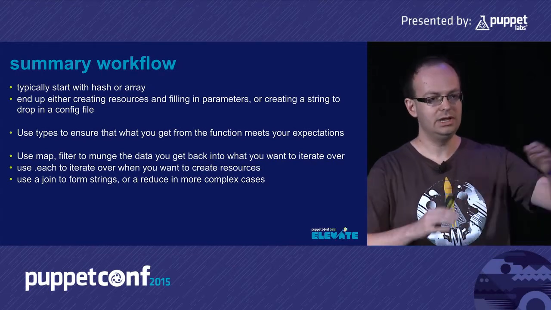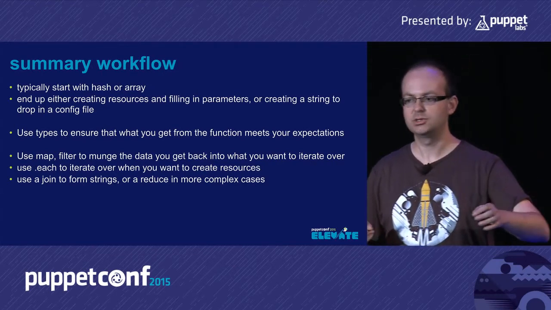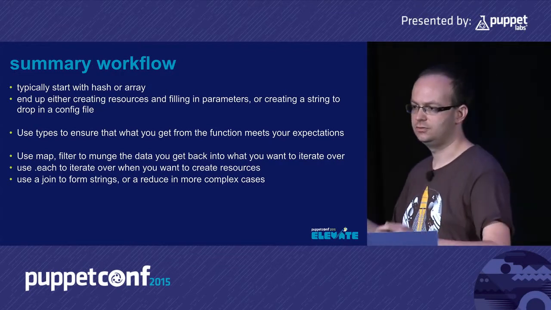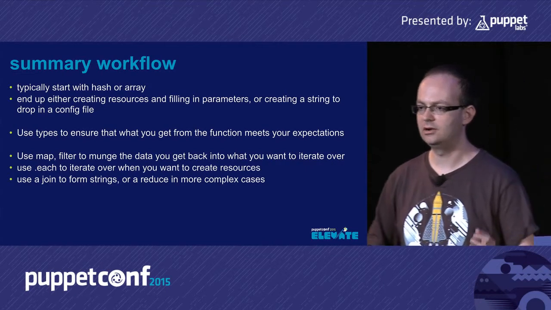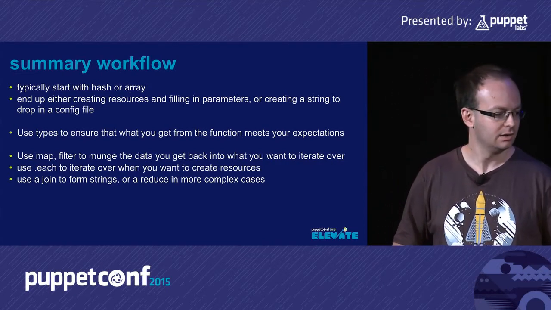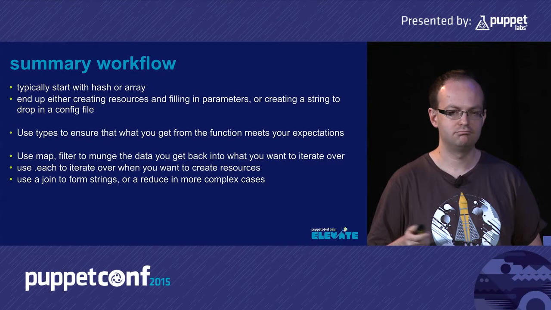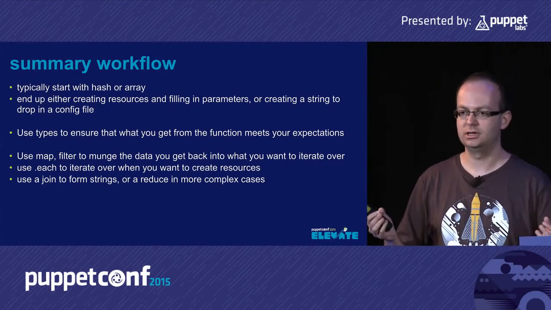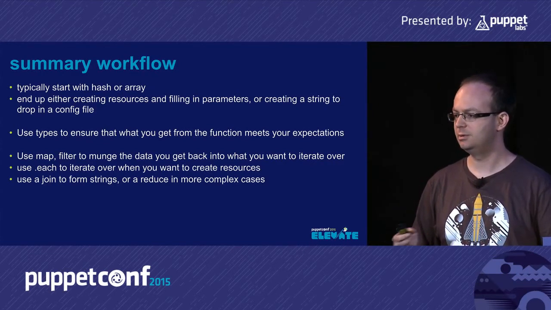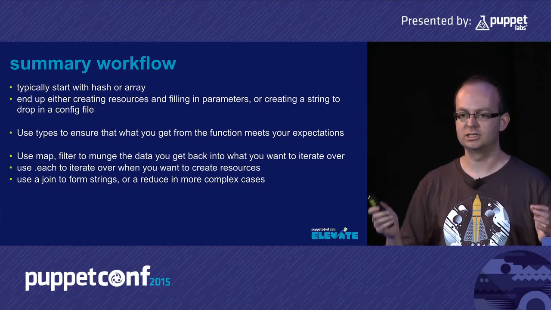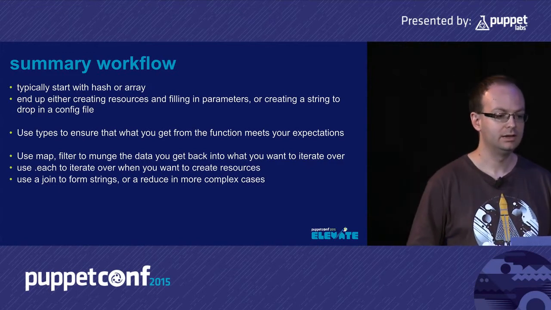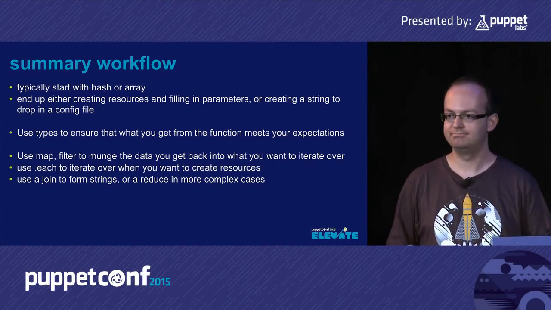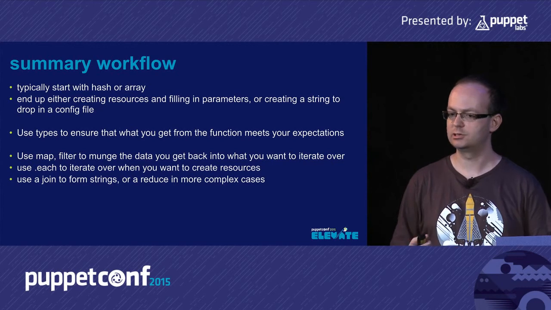In between on the path, you're using types to make sure that at each stage of your munging you haven't made profound mistakes, and to document how that data is flowing through the system. Then you're iterating over it, using a reduce, maybe just a filter, to process that data down to whatever the resource needs. It's quite simple when you think of it as a programming task, even though it's relatively exotic Puppet code.